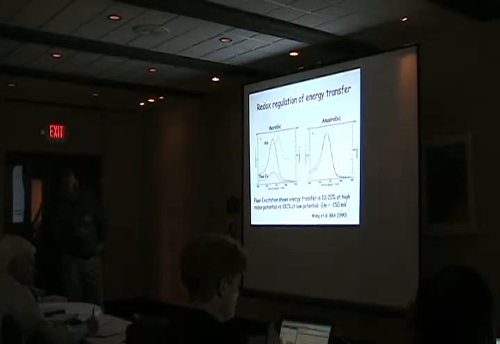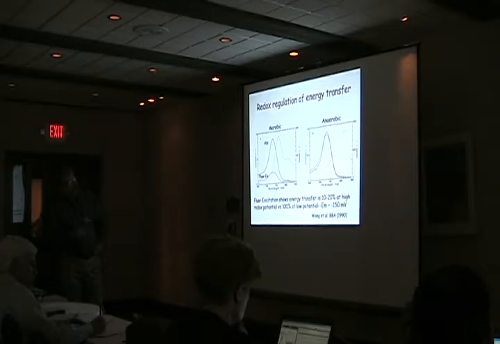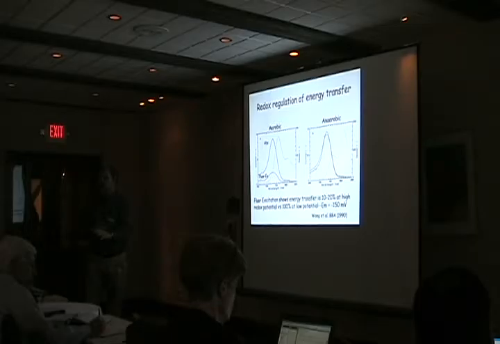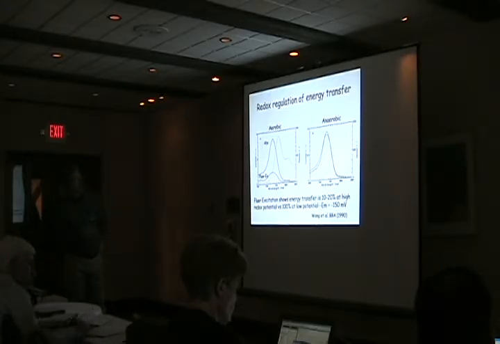The amplitude of the fluorescence excitation spectrum compared to the absorption really gives you a direct measurement of the energy transfer efficiency. So under anaerobic conditions, these things have 90-some% efficiency of energy transfer. Essentially every photon that's absorbed in that large chlorosome complex is transferred down to the reaction center. So they're 100% efficient in that respect.